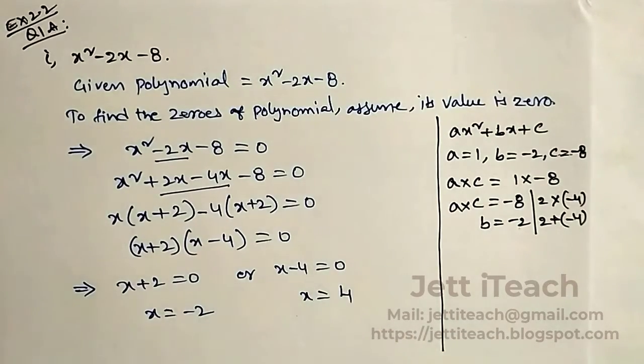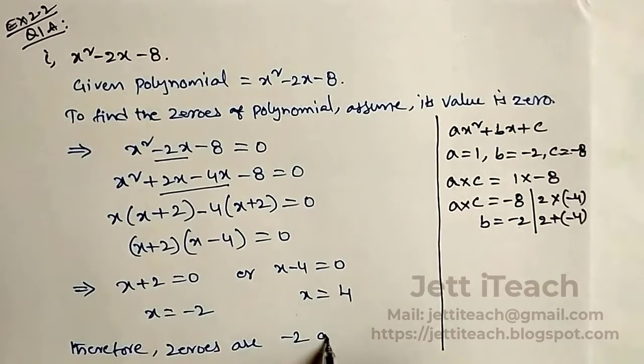Therefore, these two are zeros. Therefore, zeros are minus 2 and 4.